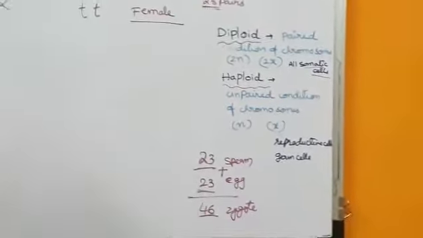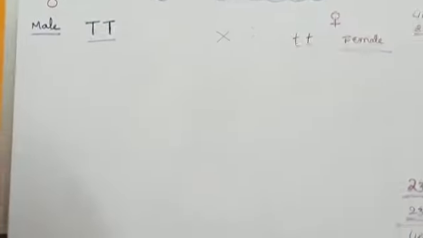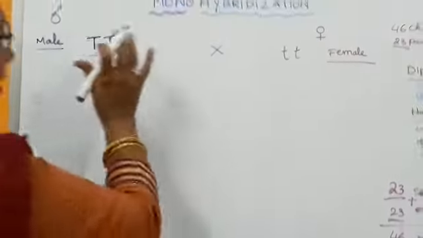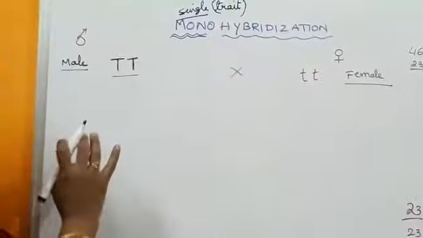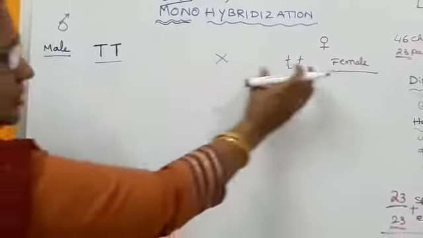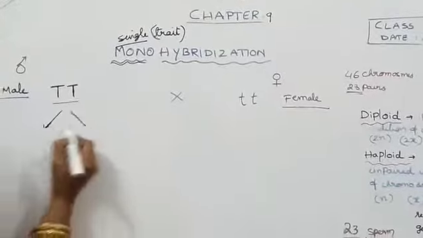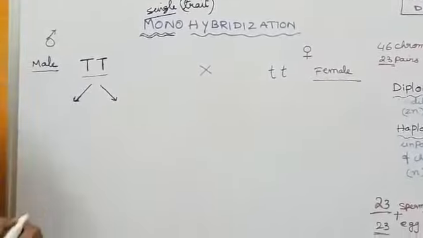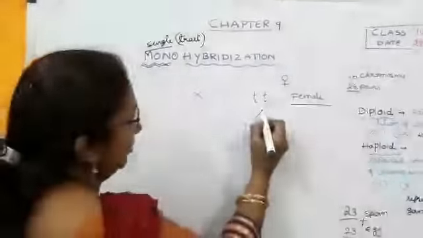Now what I have done here is represent the diploid condition of our plant reproductive organs. This is the stamen, this is the pistil or ovary. Now in this, reduction division takes place, and germ cells will form. What is the male germ cell? Pollen grain. And the female germ cell?